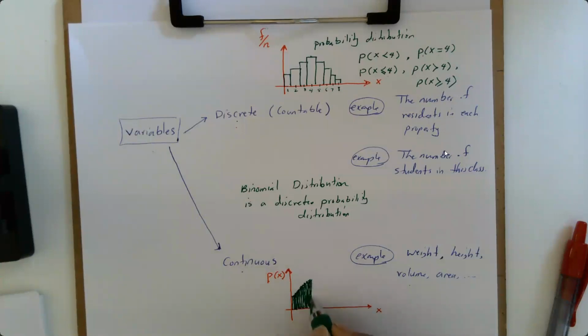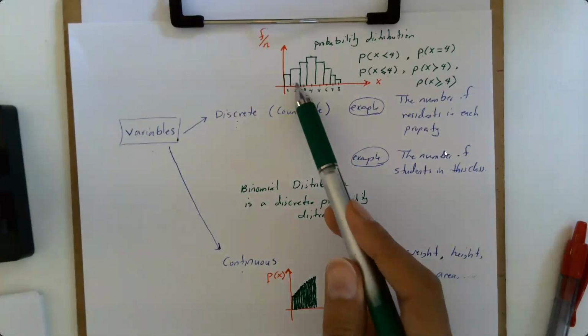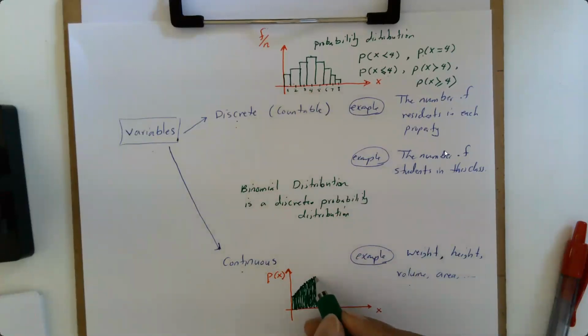But in general, the behavior is like this. These bars are very close to each other, tiny bars, very thin, versus the bars that you saw here. The bars in a continuous random variable are very close to each other.